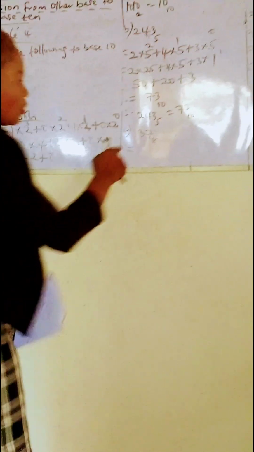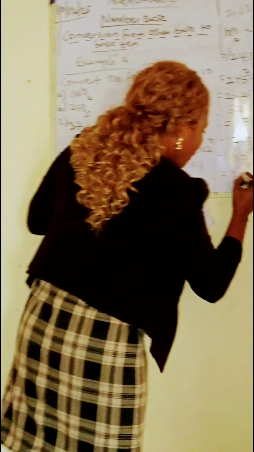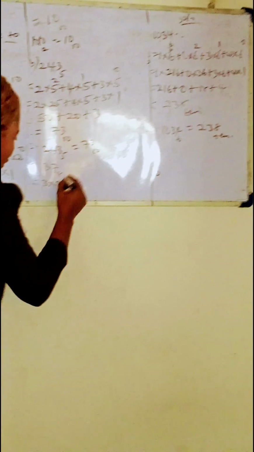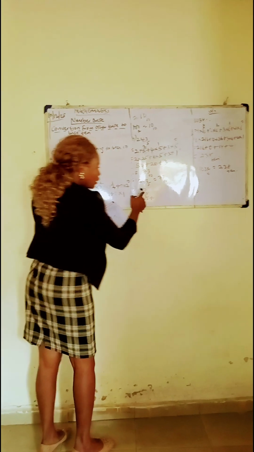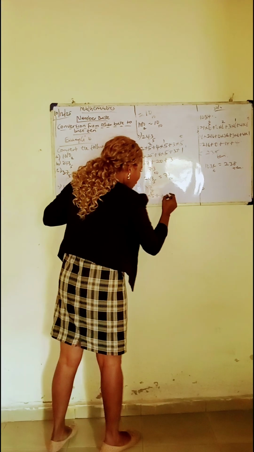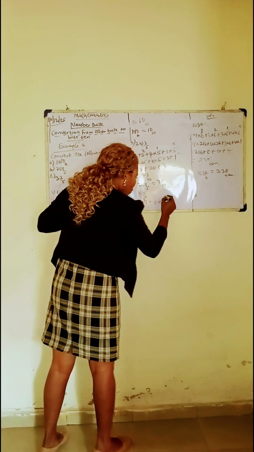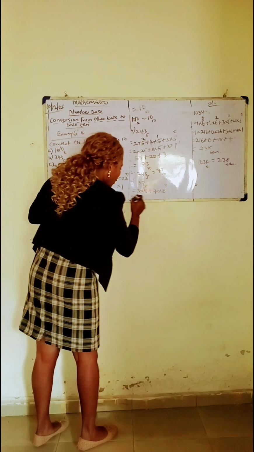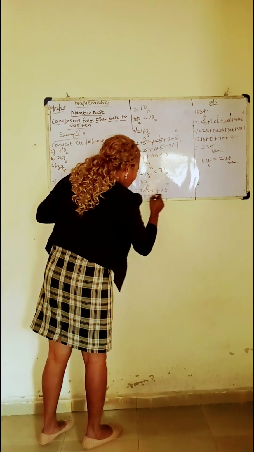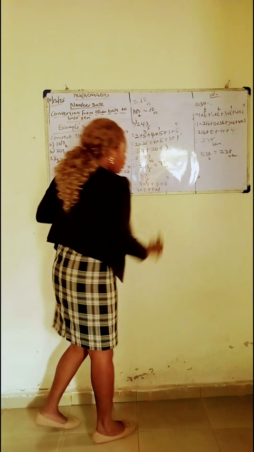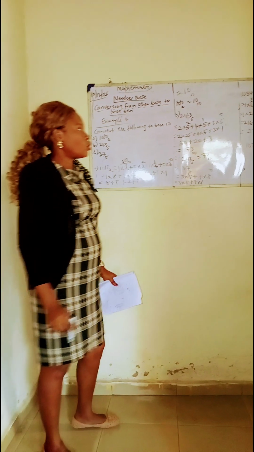37 to base 8. Bring the first number there, which is 3 times your base 8 raised to power 1. Plus the last number I have there is 7 times your base 8 raised to power 0. So you have 3 times 8 plus 7 times 1. Anything raised to power 0 will give you 1.